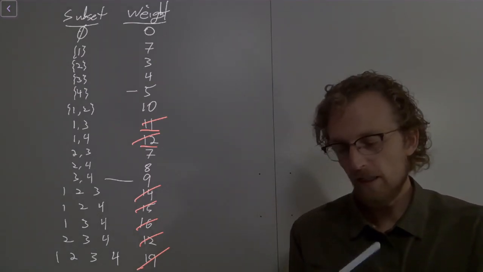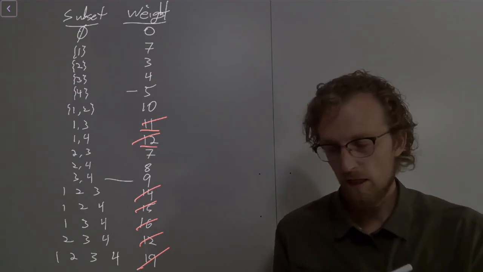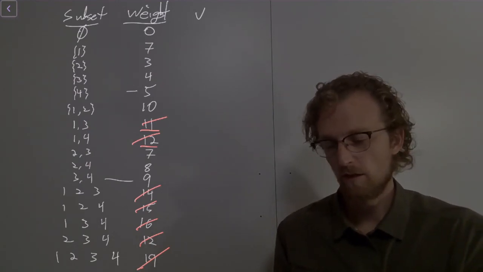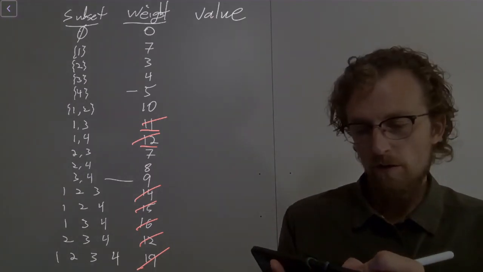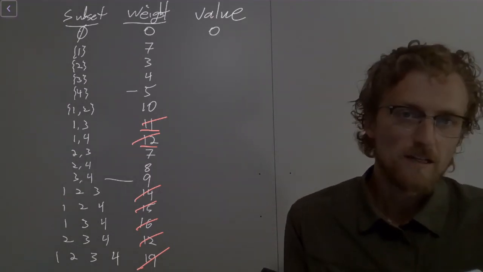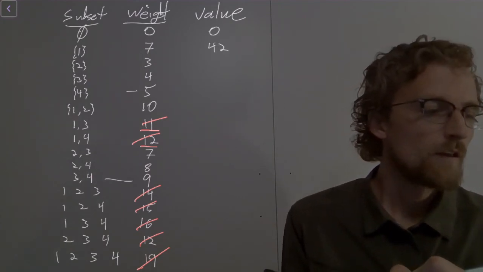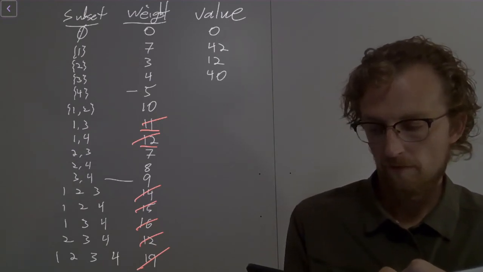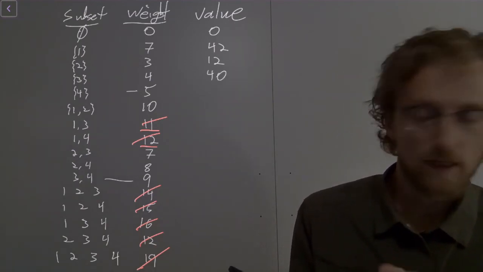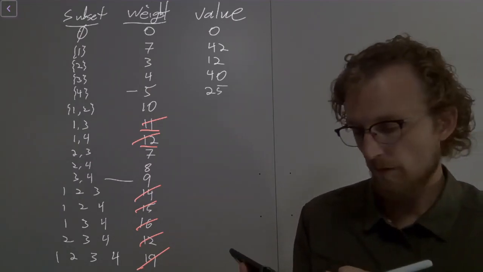So that means for any of these subsets that I can take, I'll enumerate their values and then take the one with the largest value. All right, so the values are 0, because if I take nothing, I get no value out of it. 42, 12, 40. If I take just item 4, that's a value of 25. If I take 1 and 2, that's 54.